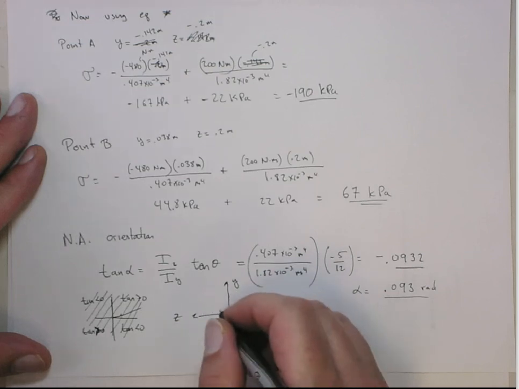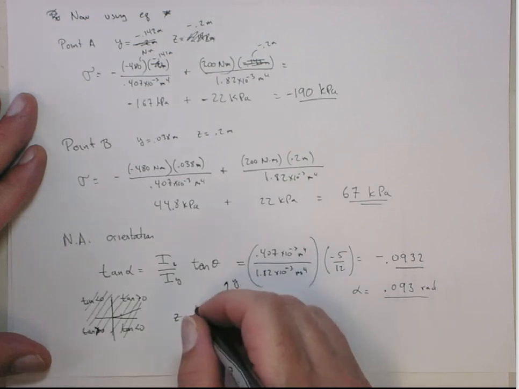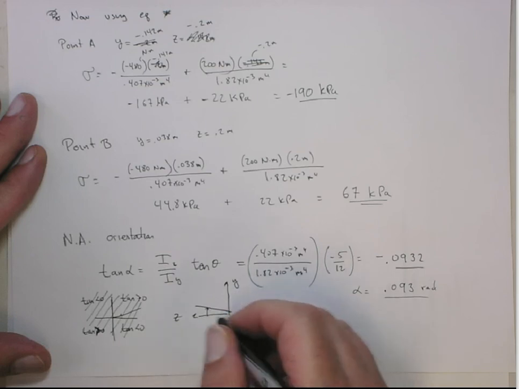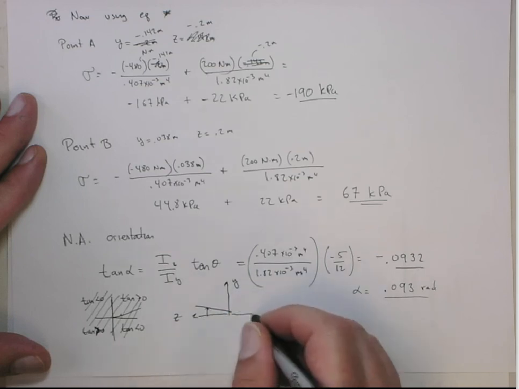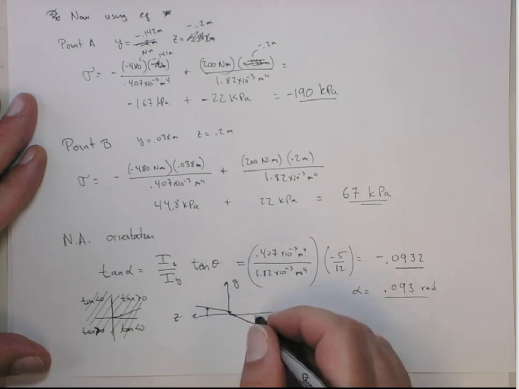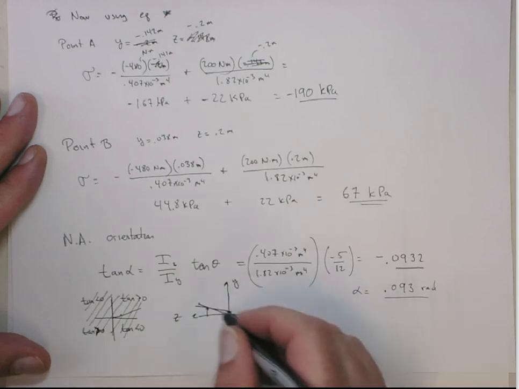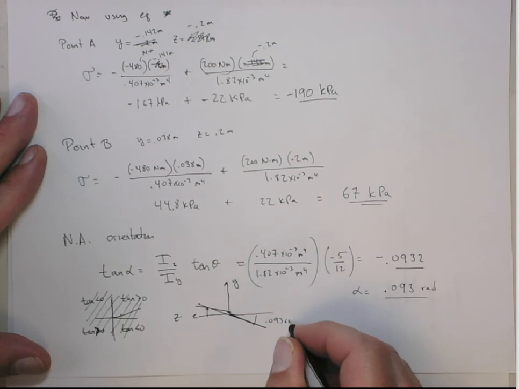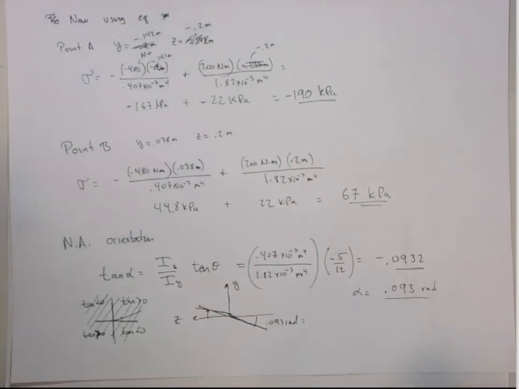So in fact, if I have an angle here, this could be alpha, or it could also be this alpha, the one that's 180 from it. But actually, in fact, it doesn't really matter because those define the same neutral axis, right? So that's alpha equal to 0.093 radians, which in degrees is about the same.